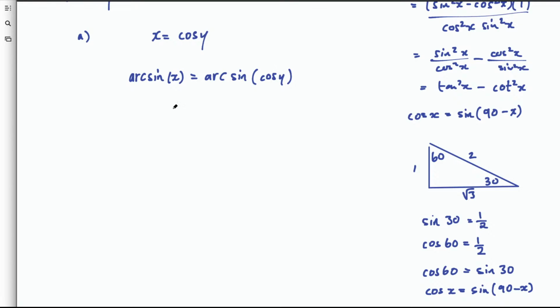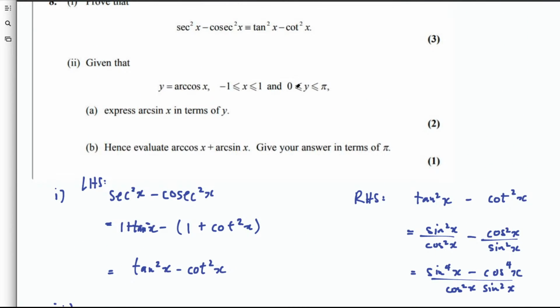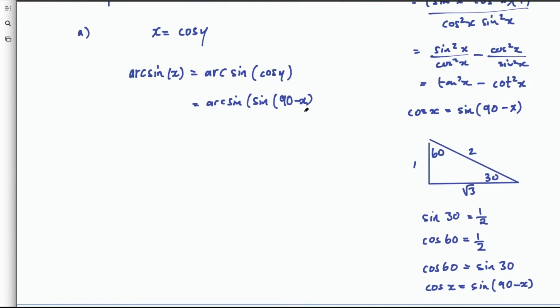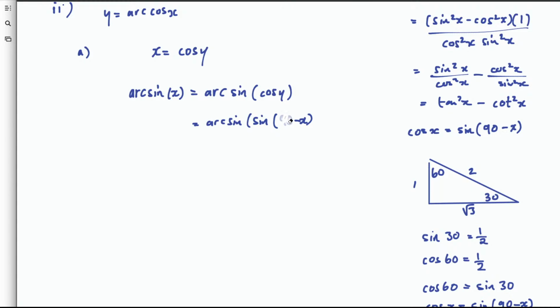So let's substitute in here sine of 90 take x. You could also say pi on 2. Oh yeah, we should say pi on 2 because the range is in terms of radians, so we should use radians, not degrees. So this is pi on 2. And the arc sine of the sine, they cancel each other out.